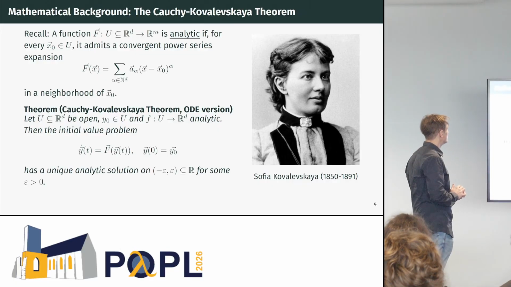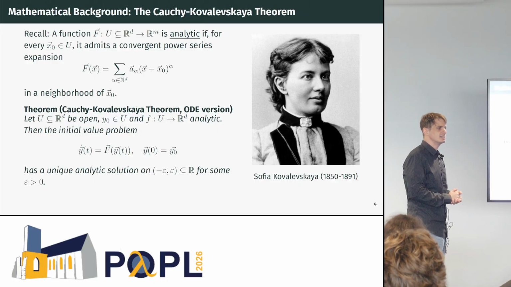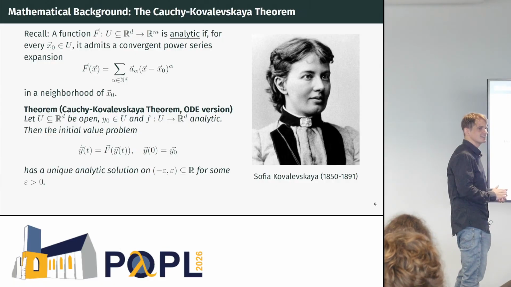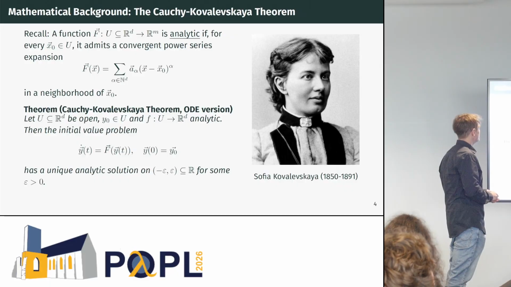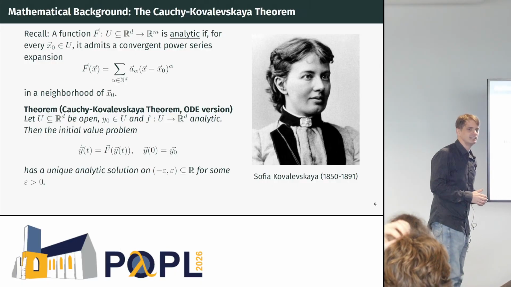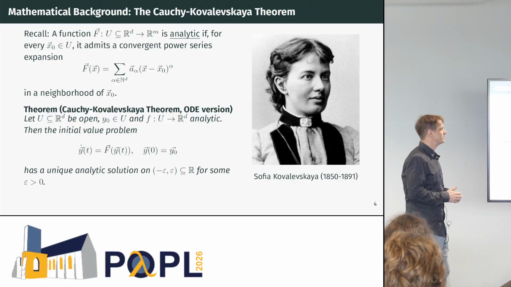Right? So this is about the real numbers, and I will say more about what I mean by computing the solution soon. But first, the mathematical background for analytic initial value problems is the Cauchy-Kovalevskaya theorem, a very classical theorem in mathematics. It says the solution of an analytic initial value problem is again analytic.